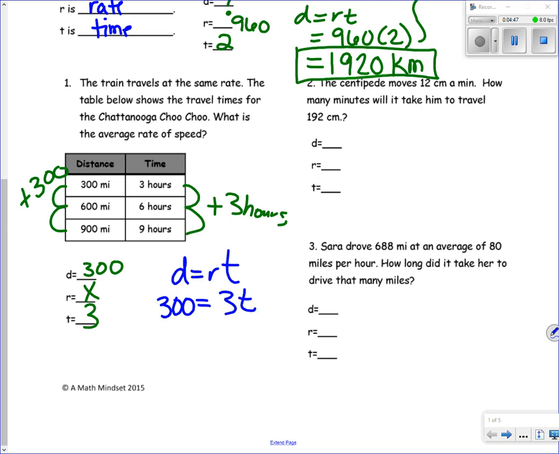So we have a one-step equation. We're going to divide both sides by 3.